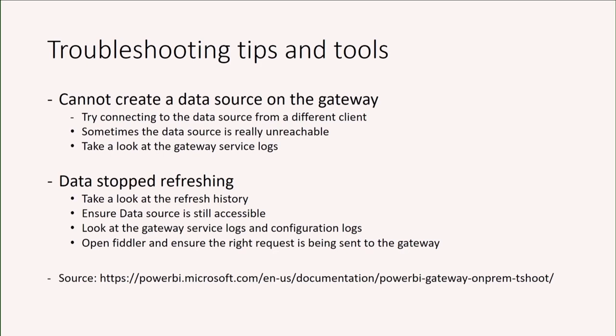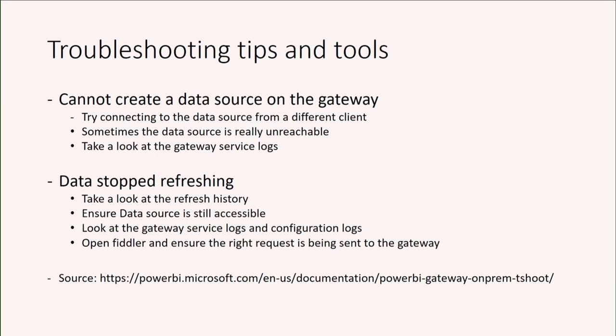And finally, take a look at the gateway logs. We've made it easy now so you can export the logs and have them in one place to see what's really happening. We've had a lot of instances where users were looking at a generic error on the service, but once they looked in the logs, they could see exactly which table they're trying to access and which database is unreachable.